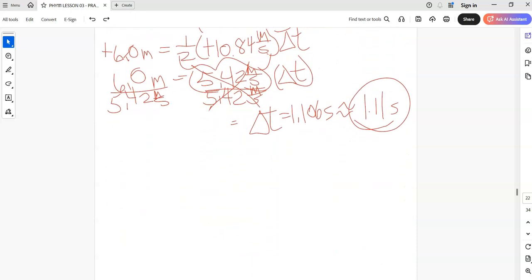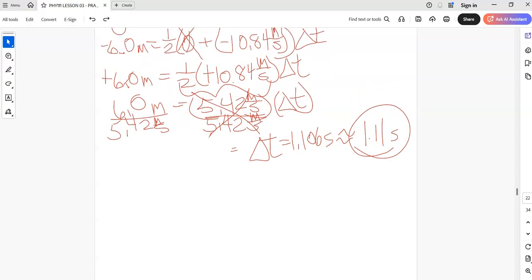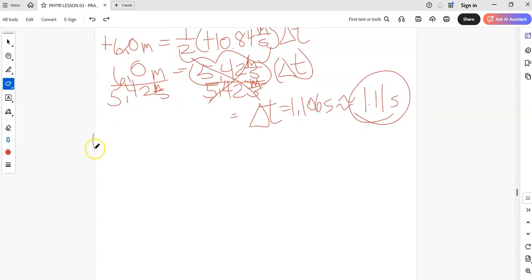So if I scroll down, give us a little room here, and we'll write equation number 2, which is VF equals VI plus G times delta T. Delta T is, of course, our unknown, and we know that our final velocity is negative 10.84 meters per second.